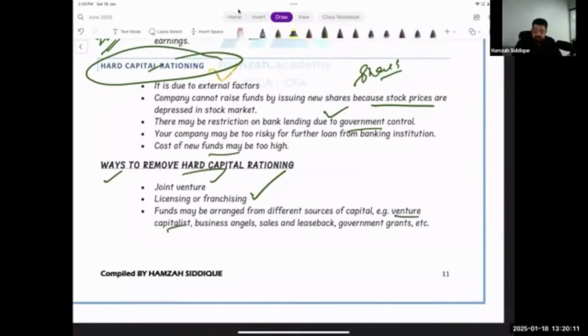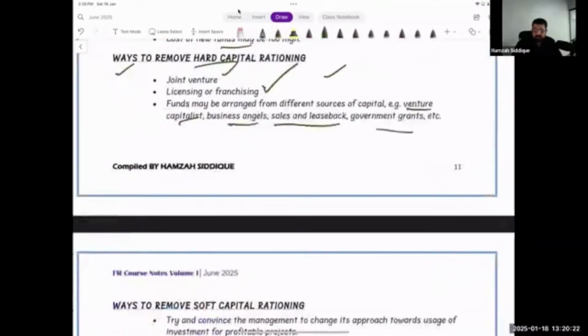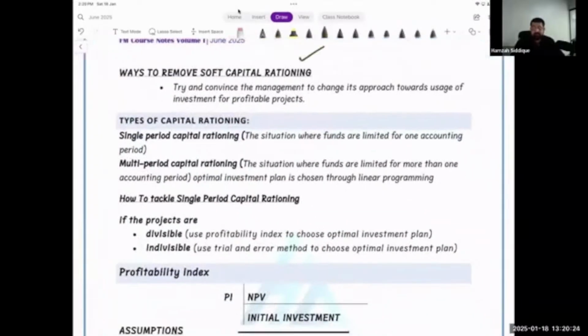Business angels, rich people sitting at home. Sell some assets, some building, to get money, or government grants. That is for hard capital rationing. For soft capital rationing, only management has to change their minds, as funds are available.